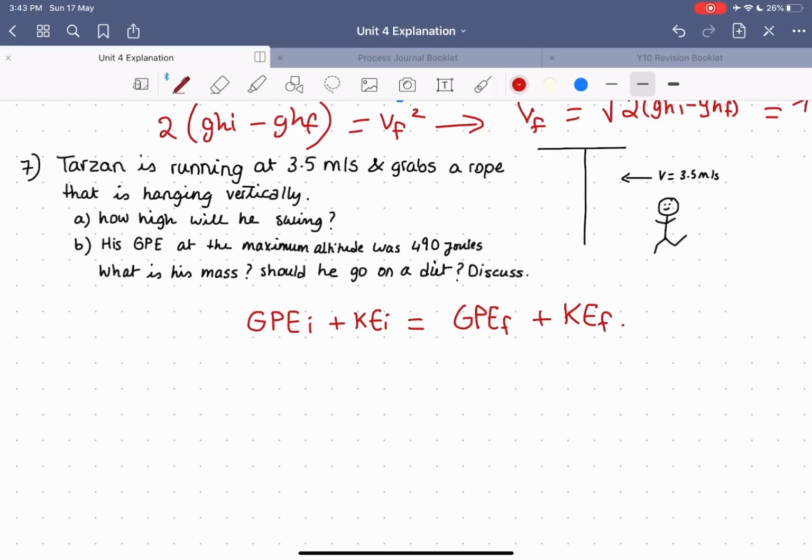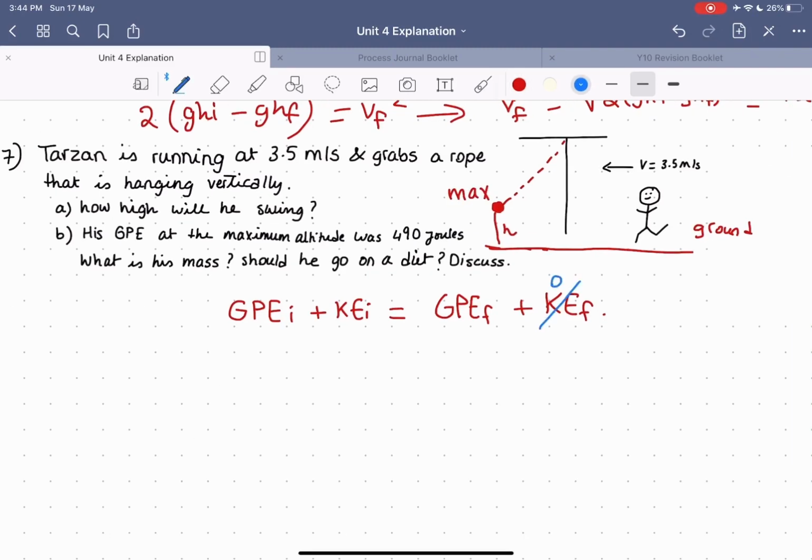Now, since he will swing up to a maximum altitude that we want to find above the ground, at this position, the maximum height, the kinetic energy is 0.